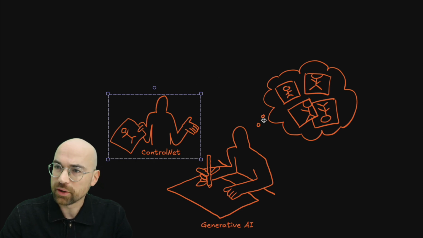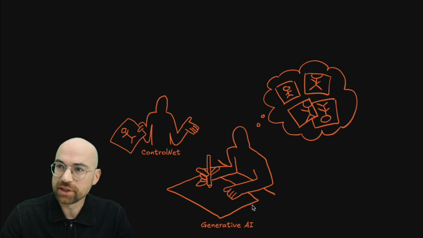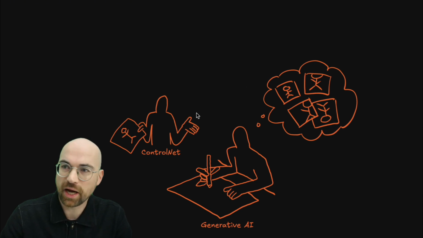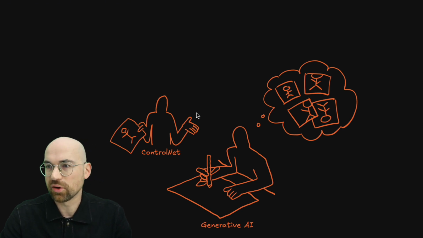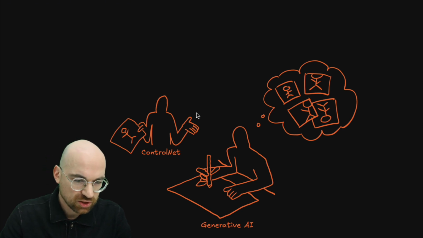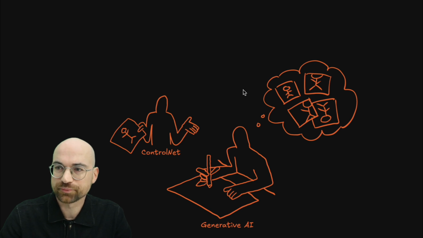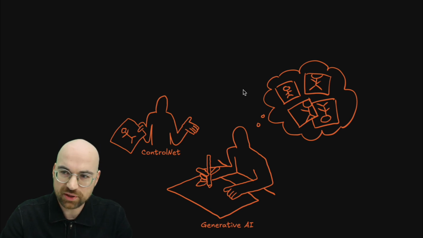So the main model, the diffusion model over here, the artist, remains unchanged and focuses on the drawing itself. The ControlNet, the art director, processes additional inputs like depth maps or outlines or poses just to guide this artist. So for example, the art director ensures the correct perspective by using depth maps, or it helps position figures with pose detection, just like guiding the artist on where to place each element.